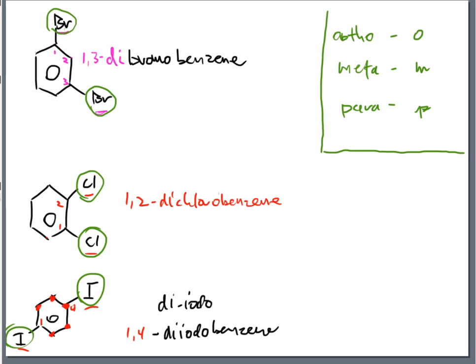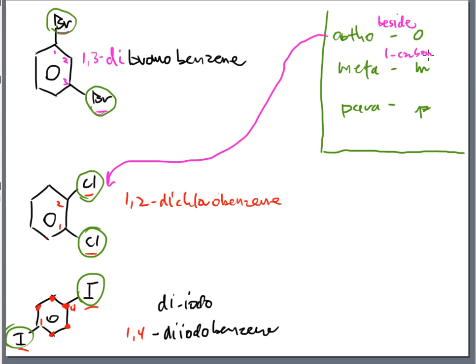For ortho, these substituents are beside of each other, directly beside of each other. So that means that these chloros are going to be ortho to each other. Okay? Just bear with me. Meta. Meta means that there's one carbon in between them.